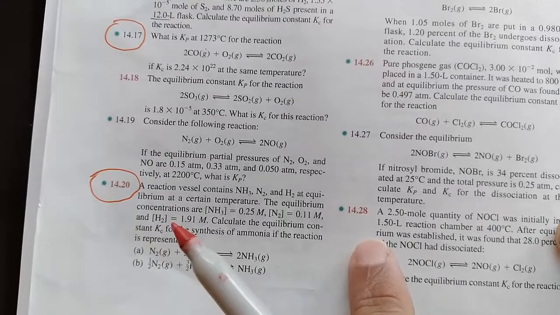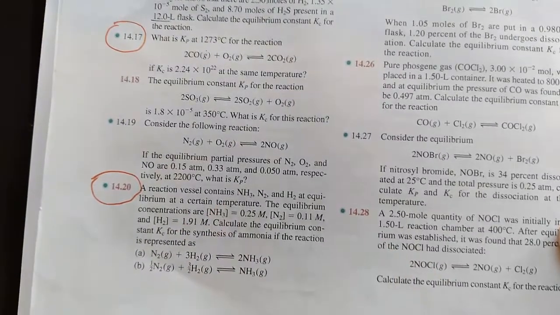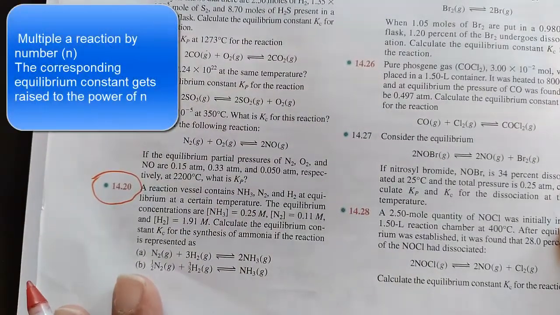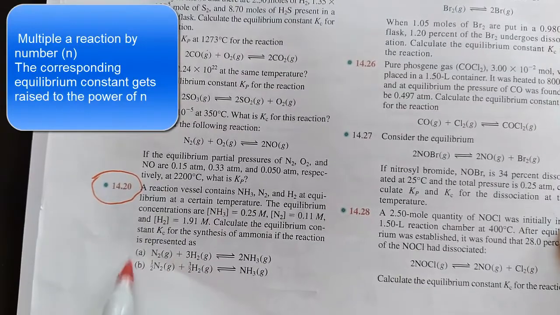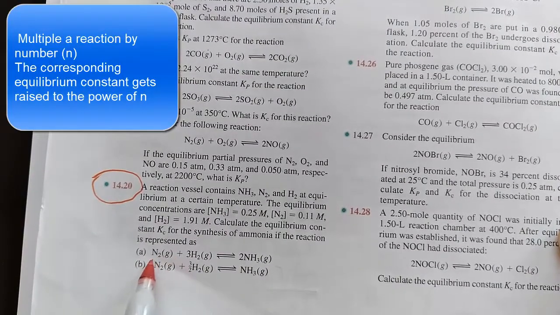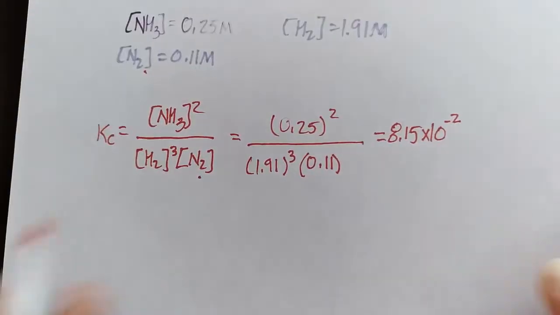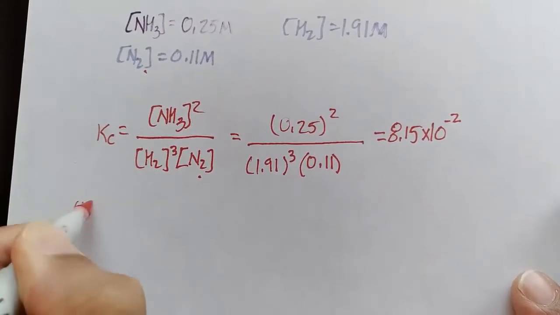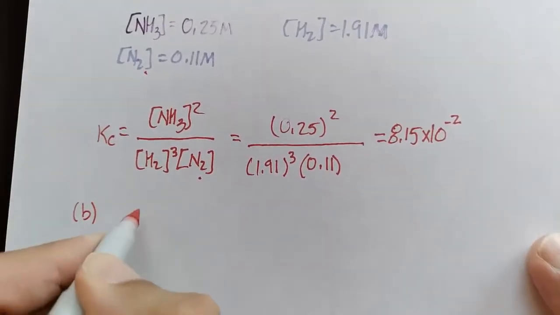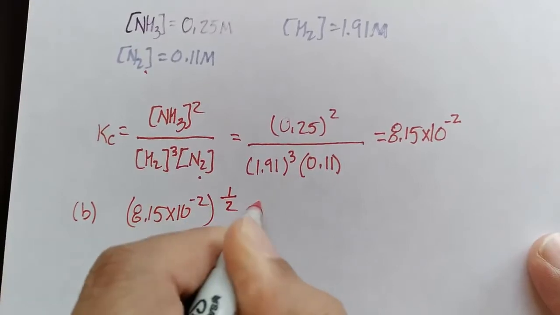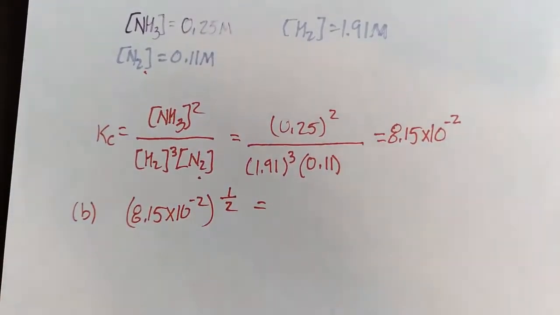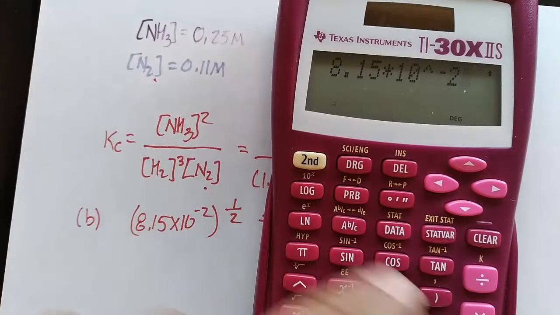So the difference between A and B is we multiplied it by 1/2. So what we're going to do here for part B is raise this to the 1/2, and that will be our answer. Also, 1/2 is the same thing as square root.